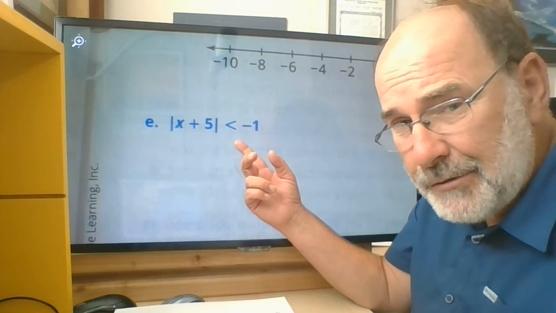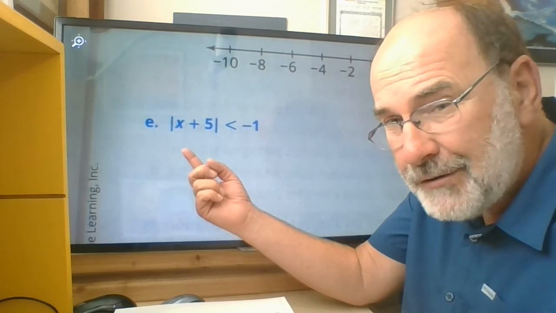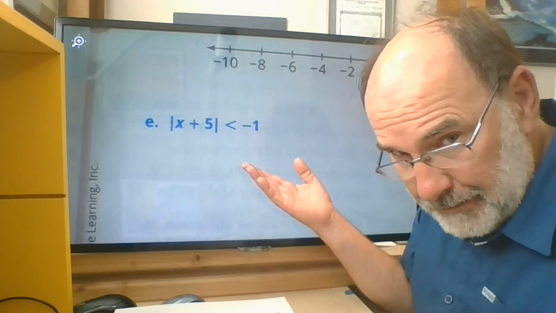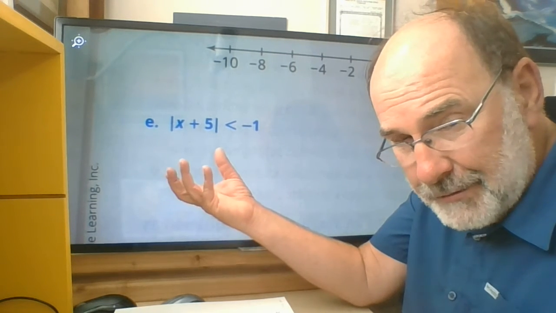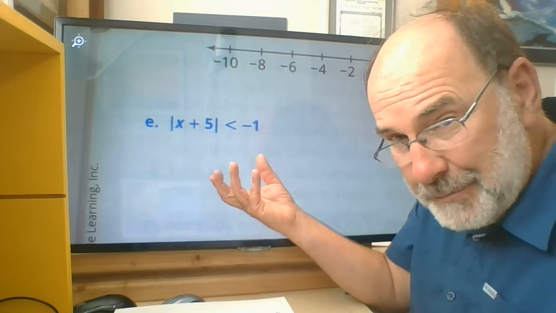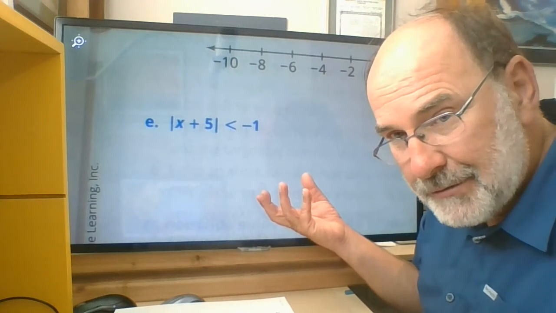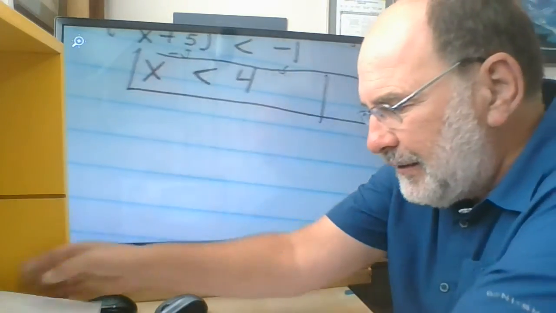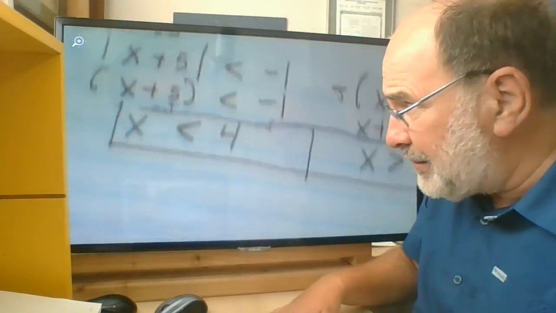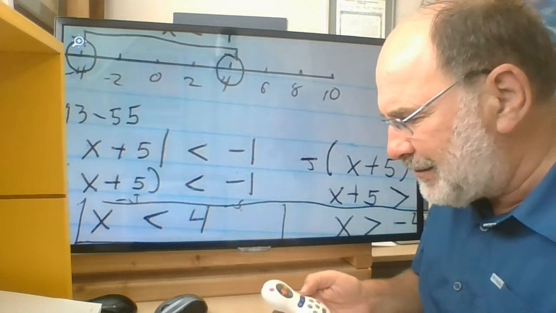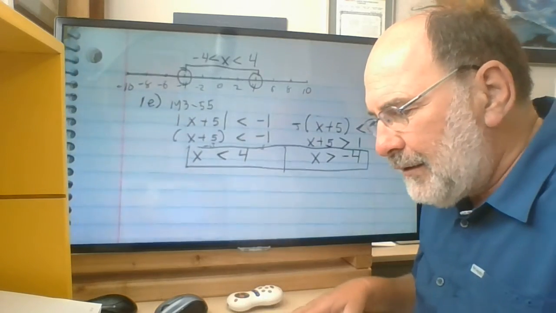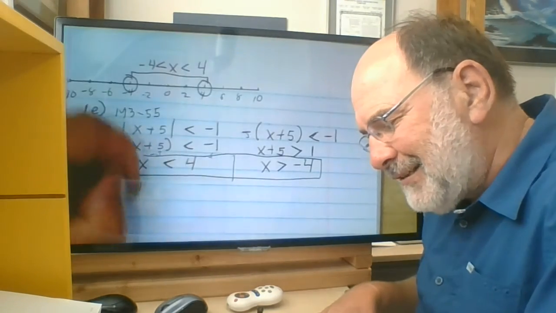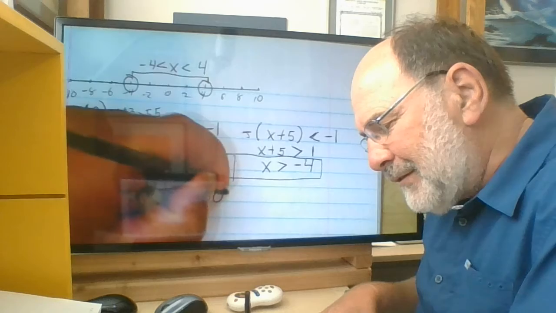So under no conditions, for no values of x, would this relationship become true. A positive number, or 0, can never be less than a negative number. So what we would say for letter E, despite all this great work I just did of trying to teach you how to be successful with math, what you need to do is say basically no solution.